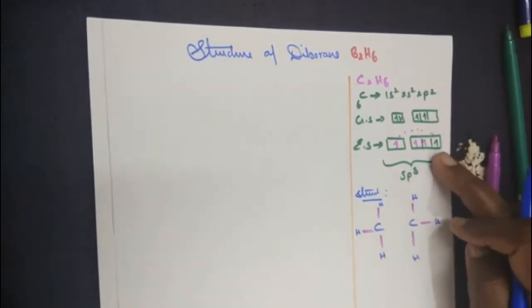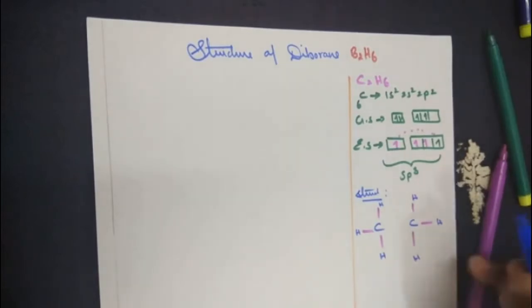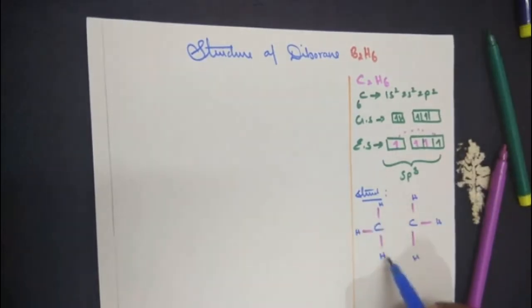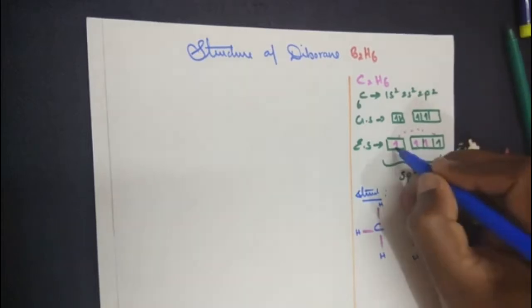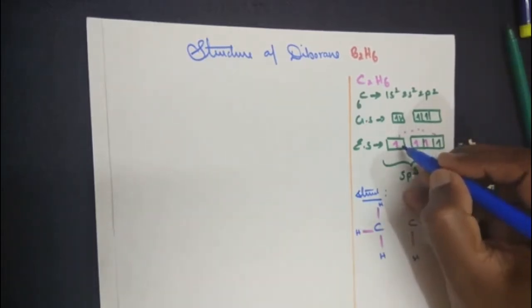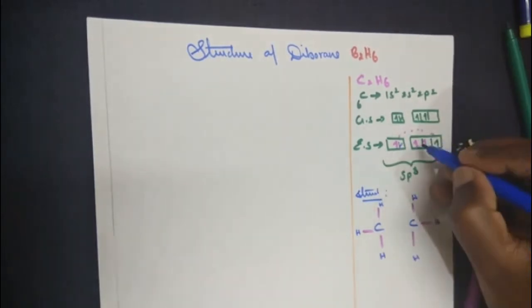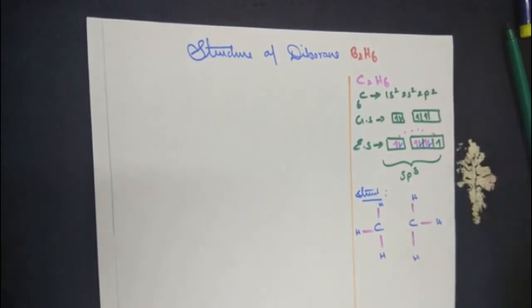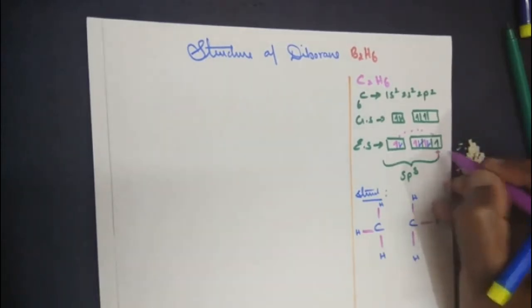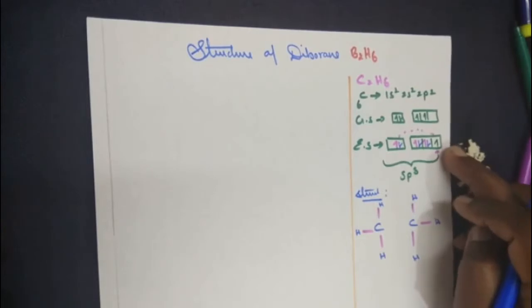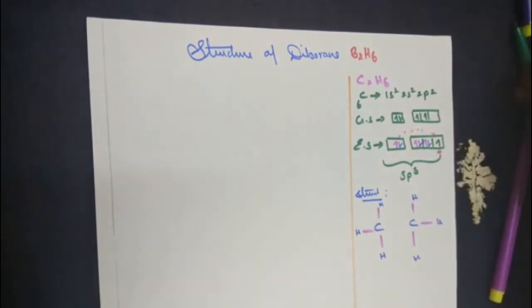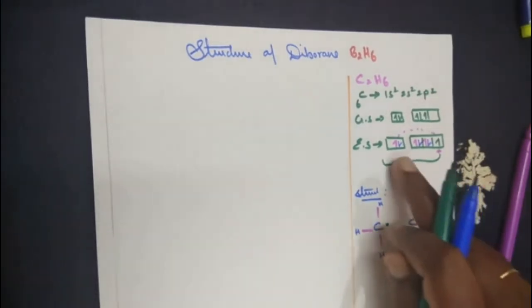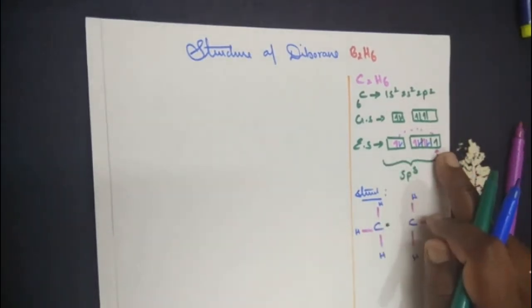Let's go back to the hybridization. Now if you see here, 1 carbon is bonded to 3 hydrogens. The half-filled orbitals are shared by bonding with hydrogen: 1 hydrogen here, 1 here and 1 here. The single electron comes from the carbon. So carbon has 4 half-filled orbitals.